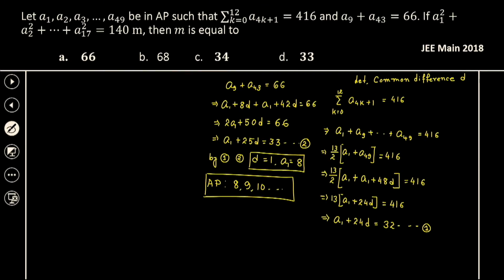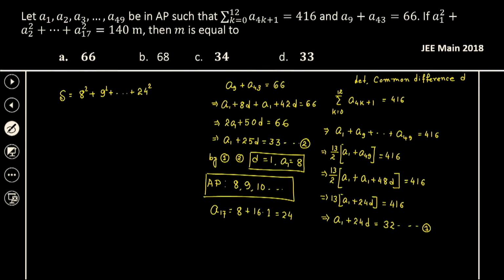The required sum is 8 squared plus 9 squared and so on, so we'll have 17 terms. What is the 17th term? A17 is 8 plus 16 multiplied by 1, that means 24. So our last term is 24 squared.